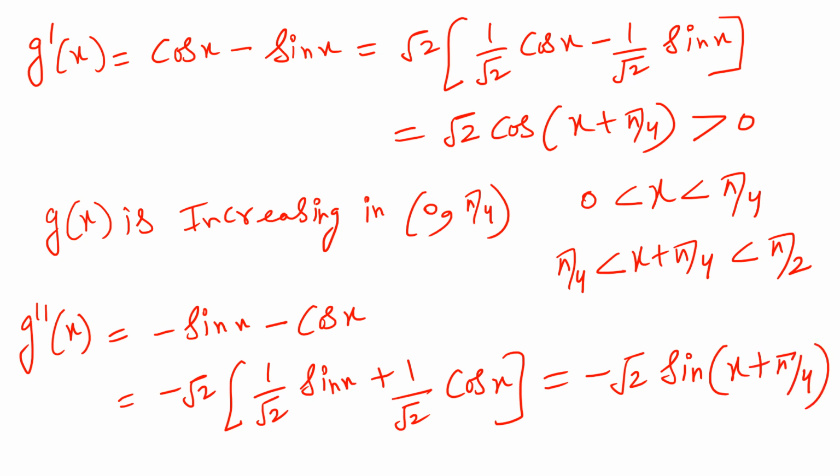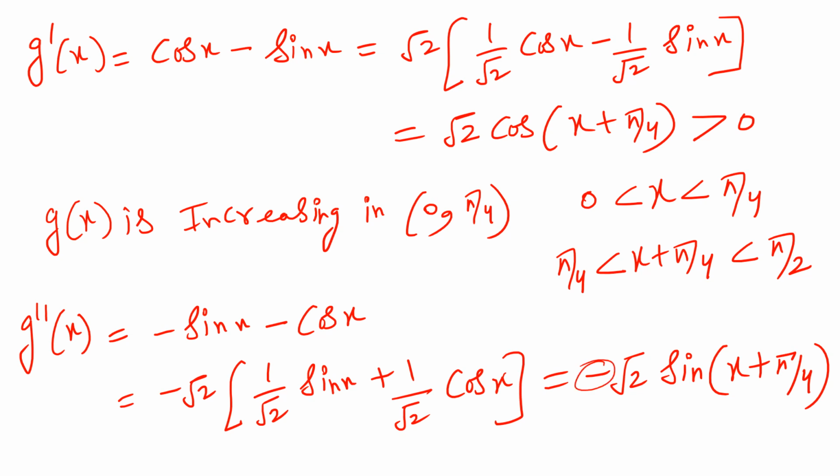Right? Now students, we know that when x lies in the open interval 0 to pi by 4, then x plus pi by 4 lies in the open interval pi by 4 to pi by 2. So this means that x plus pi by 4 lies in the first quadrant, and hence I can say that sine of x plus pi by 4 will be positive because sine is positive in the first quadrant.